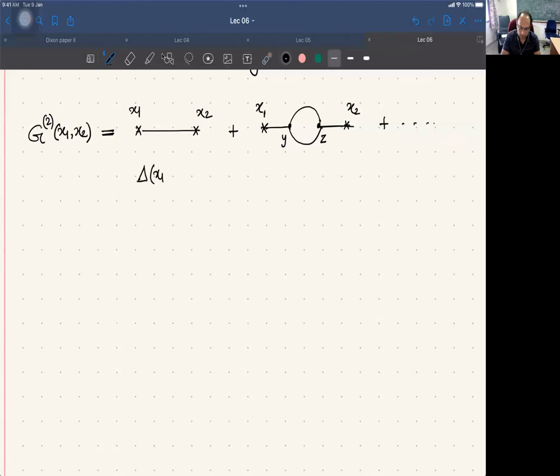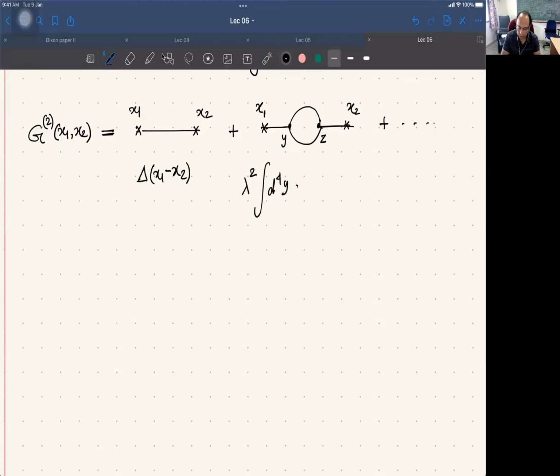So this one is just delta x1 minus x2. This one will have two junctions, and therefore there are two factors of lambda. For each junction there is a factor of lambda. There are internal points. Since the internal points cannot remain in your expression, it must be integrated over. So there are internal points which we have seen in the G0 case earlier also.